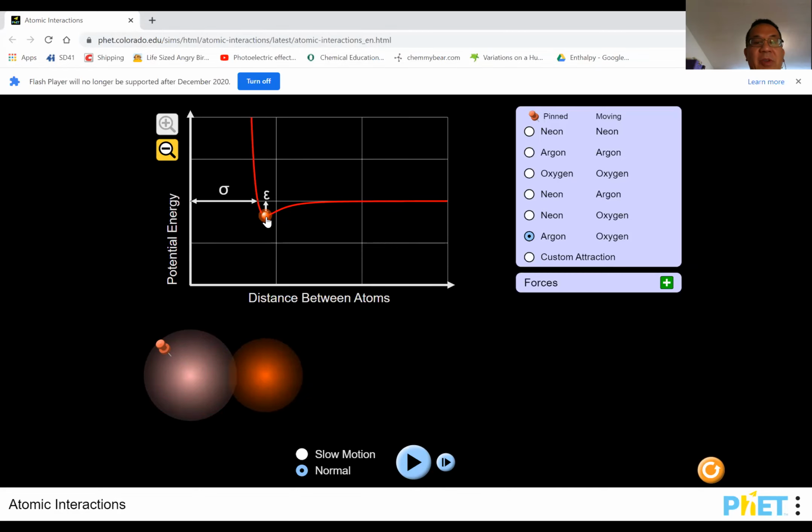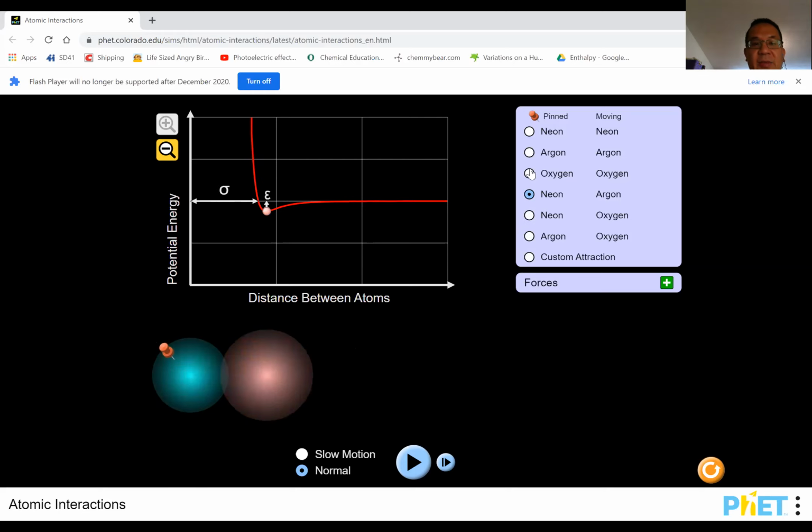So this is why when we break a bond, it's like moving this particle from this low point to this high point. I have to put in energy. When the molecule comes together, it loses that energy. That energy is released.